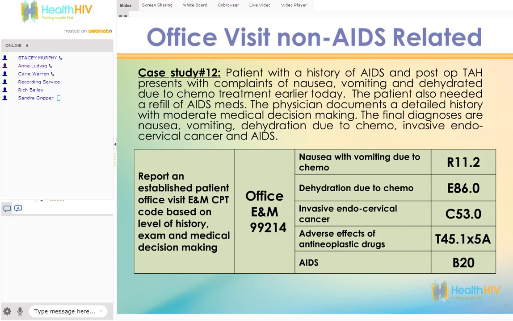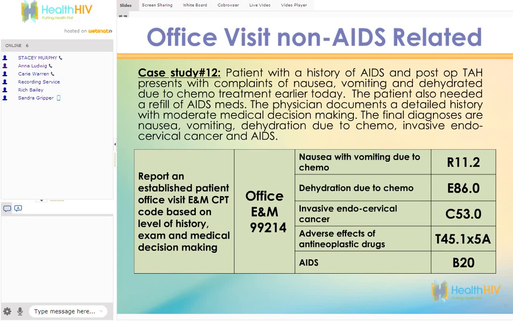And the final diagnoses are nausea, vomiting, and dehydration due to chemo. Because the patient is still receiving chemo treatment, the diagnosis for the cancer is reported, and the patient just so happens to have a prescription refill for AIDS, so you would also report the AIDS diagnosis.